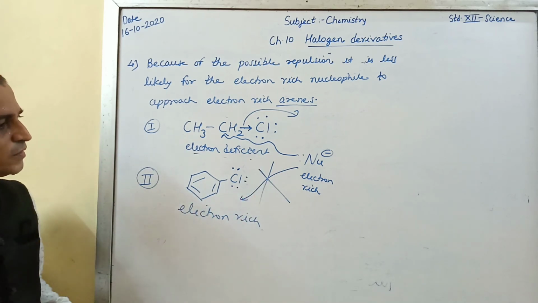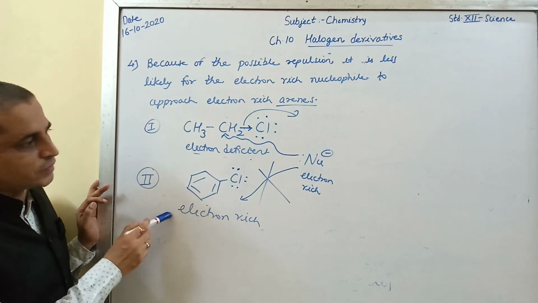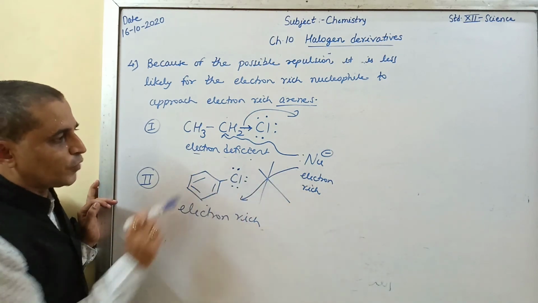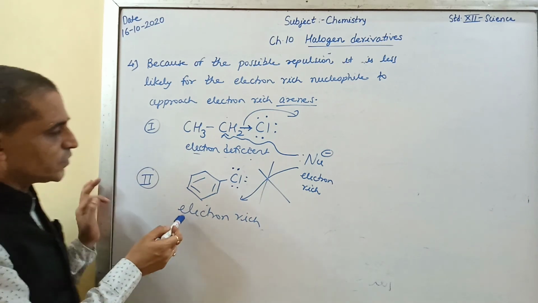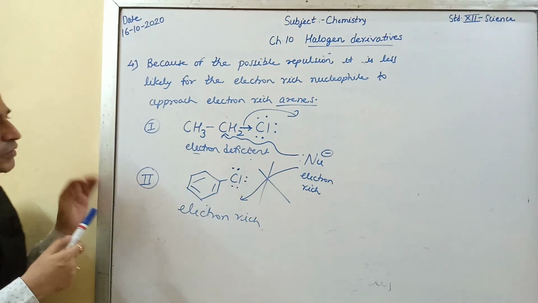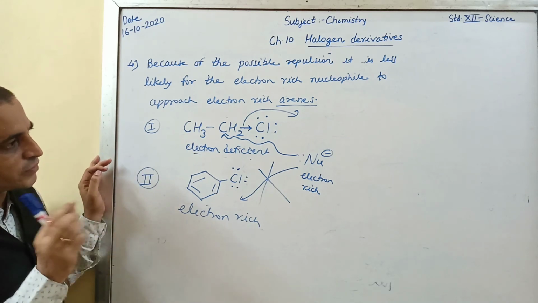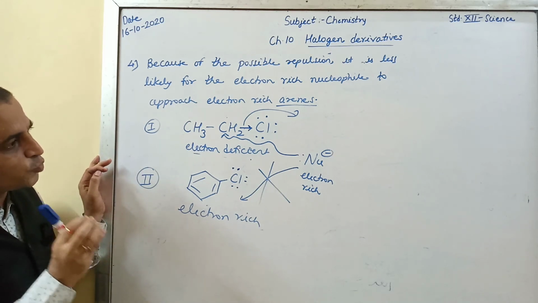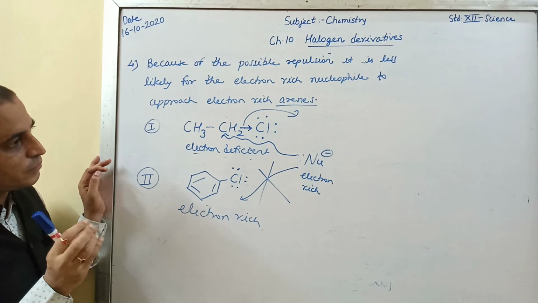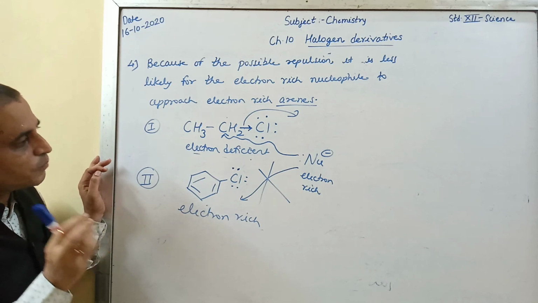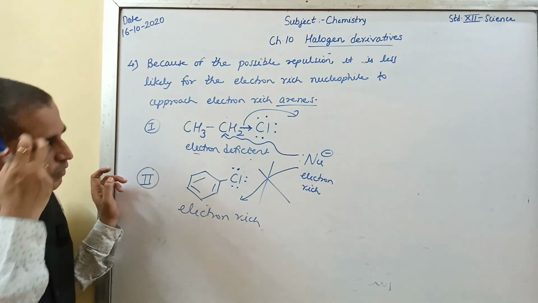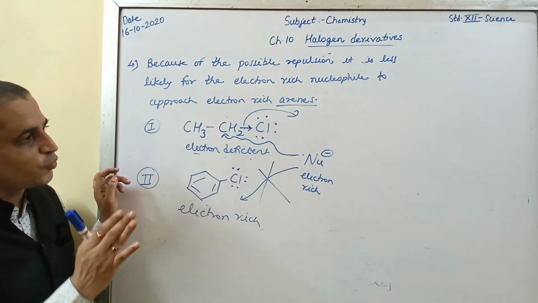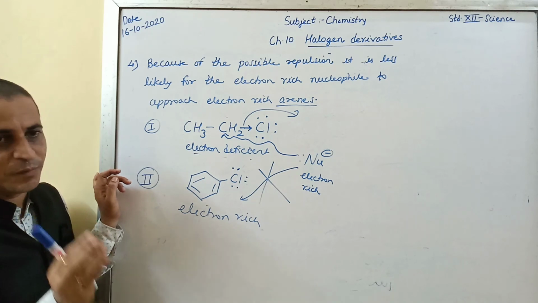It is not easy for aryl halides to get attacked by a nucleophile, because the nucleophile is not interested to attack electron rich centers. We know that if there is a distribution of food packets, there is a queue of poor people, and there is no queue of rich people, because rich people are not interested in those food packets, as they already have food.